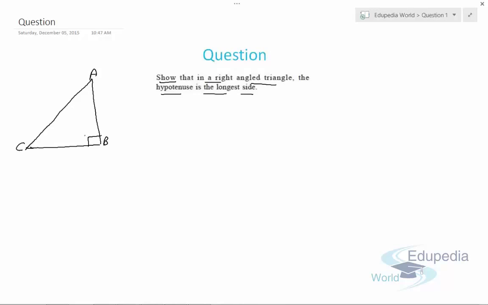As we all know, the hypotenuse is the side opposite to the 90-degree angle, so this is the hypotenuse. Okay, so let's discuss the proof. In triangle ABC, we know that angle A plus angle B plus angle C equals 180 degrees, by the angle sum property.